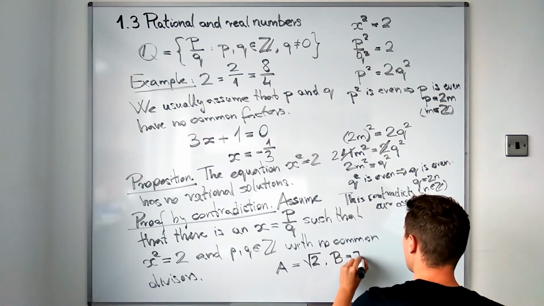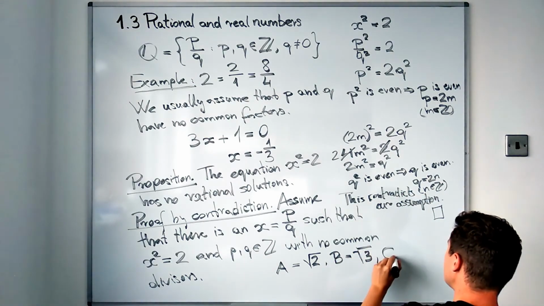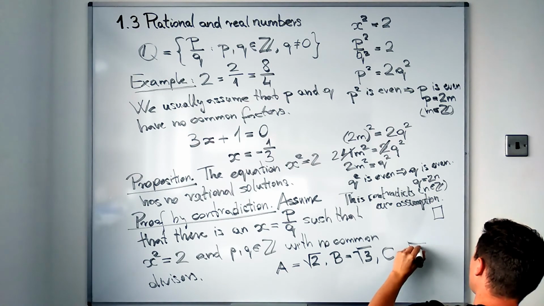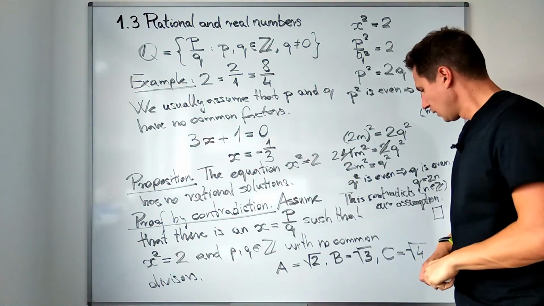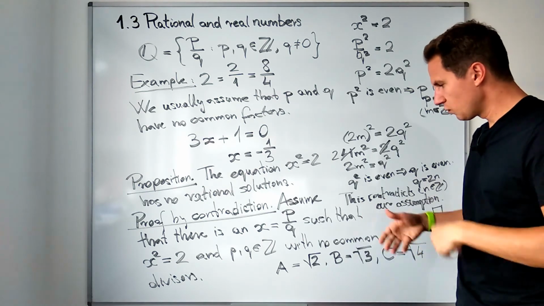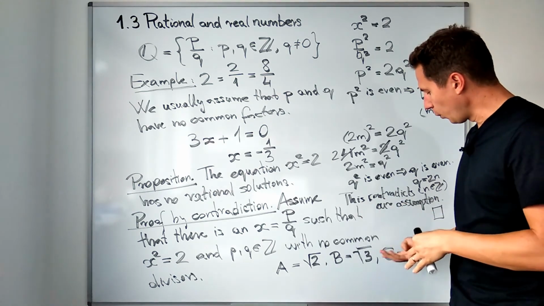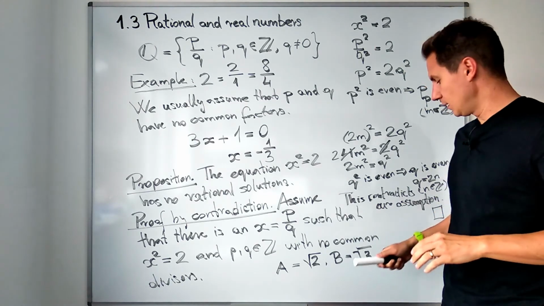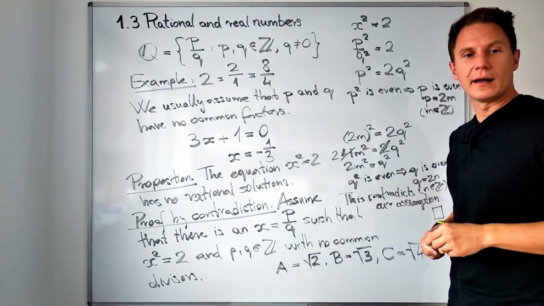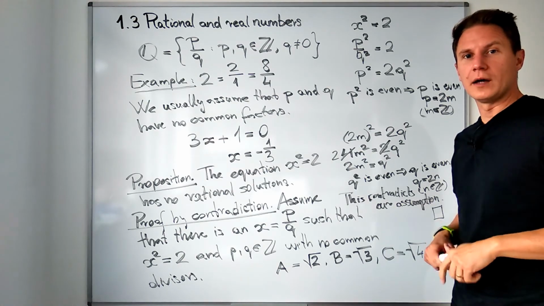B is root 3, and C is square root of 4. I want you to remember what we have done, and maybe try to see what about these other numbers, and after you have selected the rational numbers, I will give you the answer.